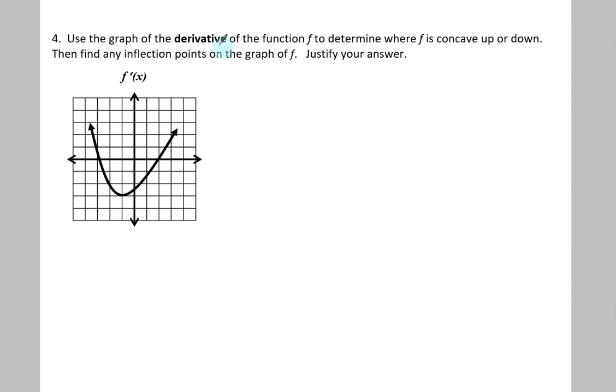Use the graph of the derivative of the function f to determine where f is concave up or down. Then find any inflection points on the graph of f. Justify your answer. This time we have a graph of f prime, but we still want to think that we're looking for where f is concave up or down by exploring the second derivative. And we're going to start where the second derivative equals 0 or does not exist.